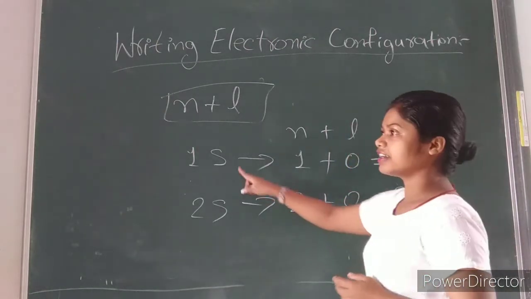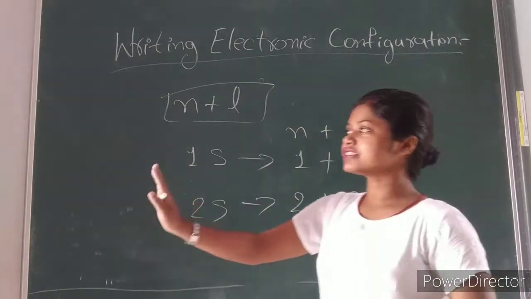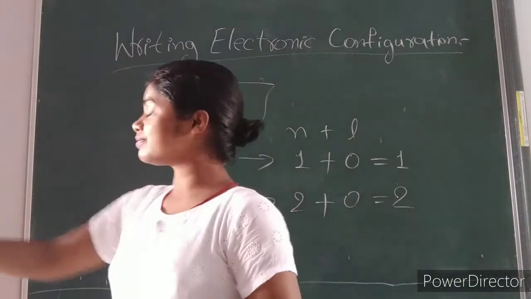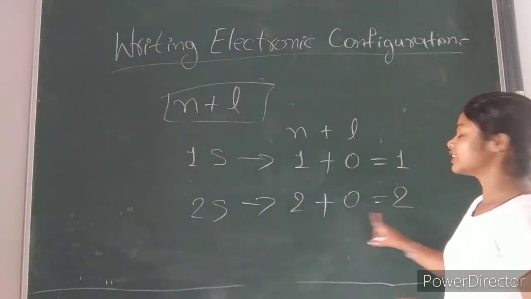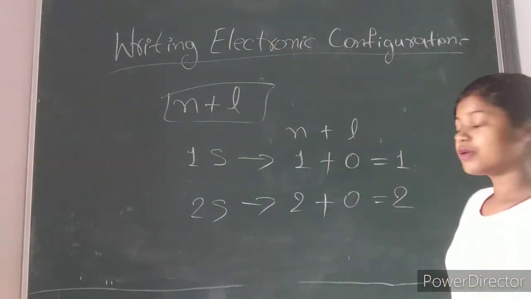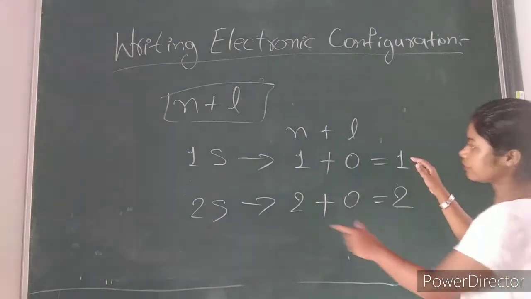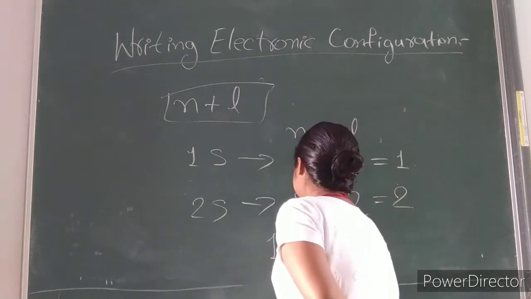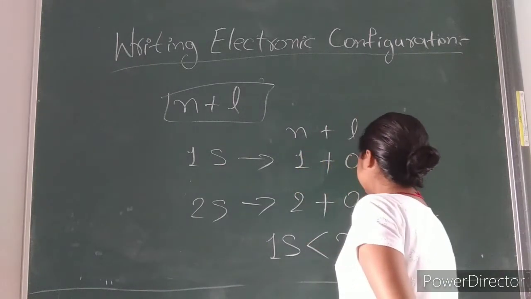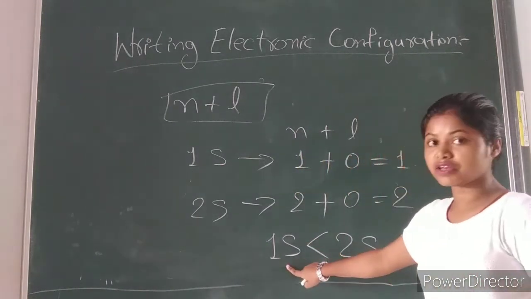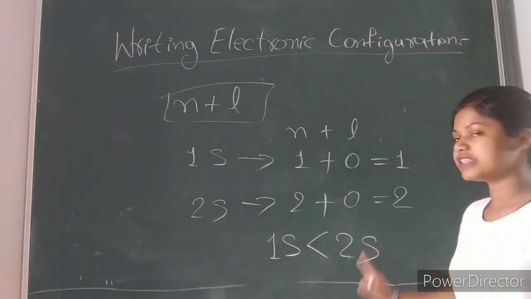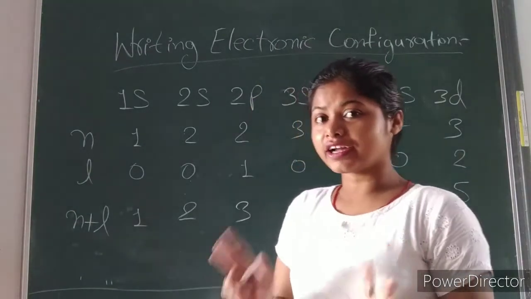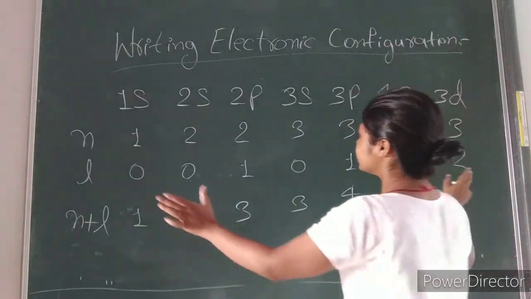As you can see, the value for 1s is 1 and for 2s is 2. So first 1s will fill, then 2s will fill, because 1s has lower energy than 2s. Okay students. Now for your convenience I have written this.